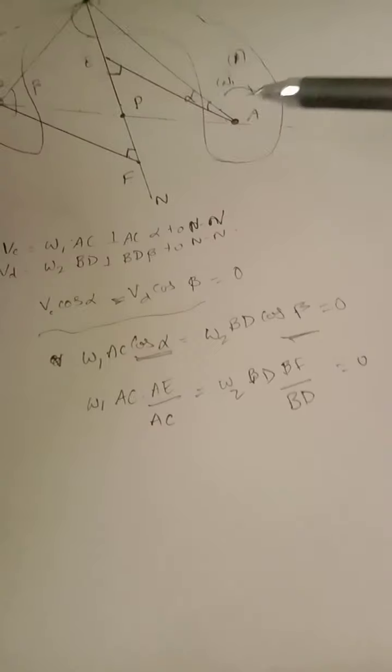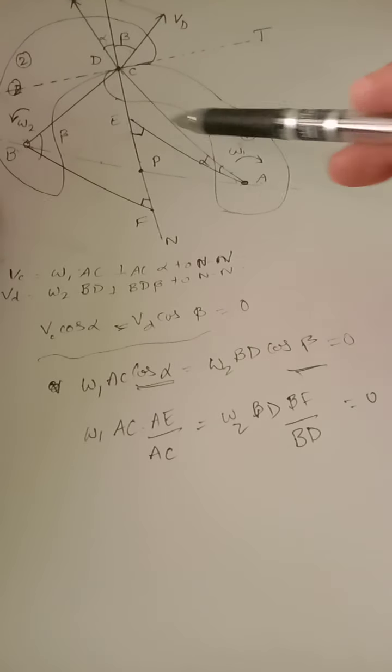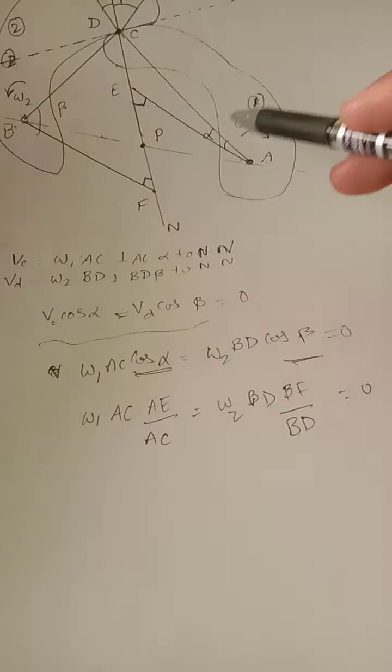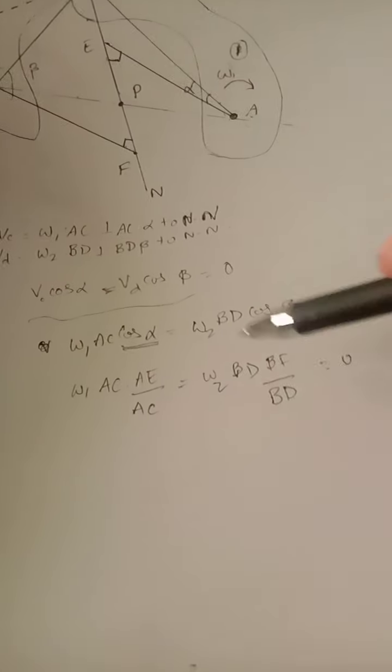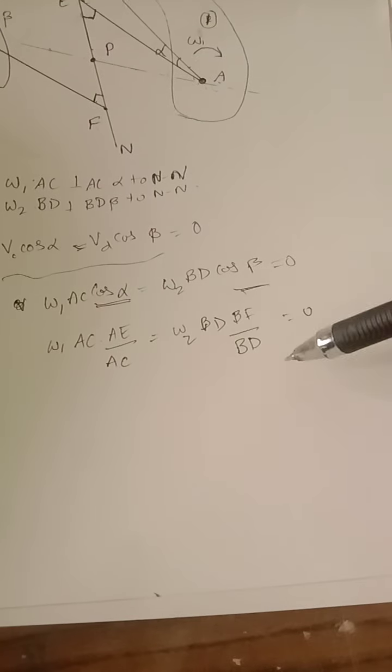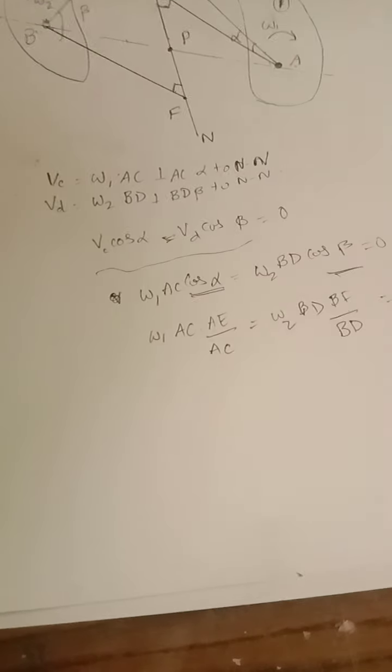AE by AC, opposite side by adjacent side, is cos alpha, and cos beta is BF by BD.